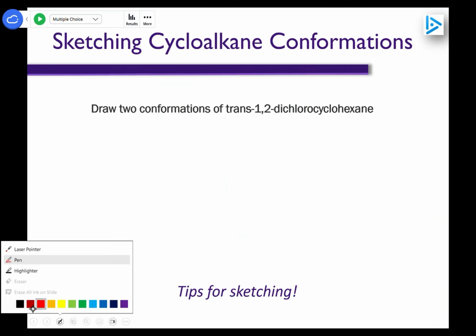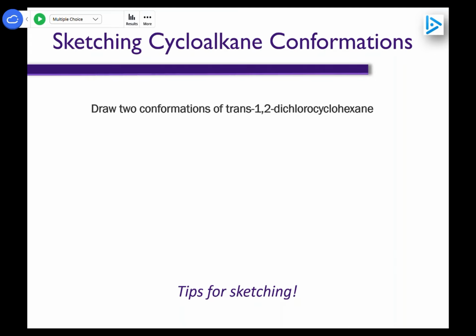So follow along with me while you're doing your homework. It's really helpful to know how to draw these molecules. We're going to draw a cyclohexane and add 1,2-dichloro in a trans position. Okay, so draw along with me.